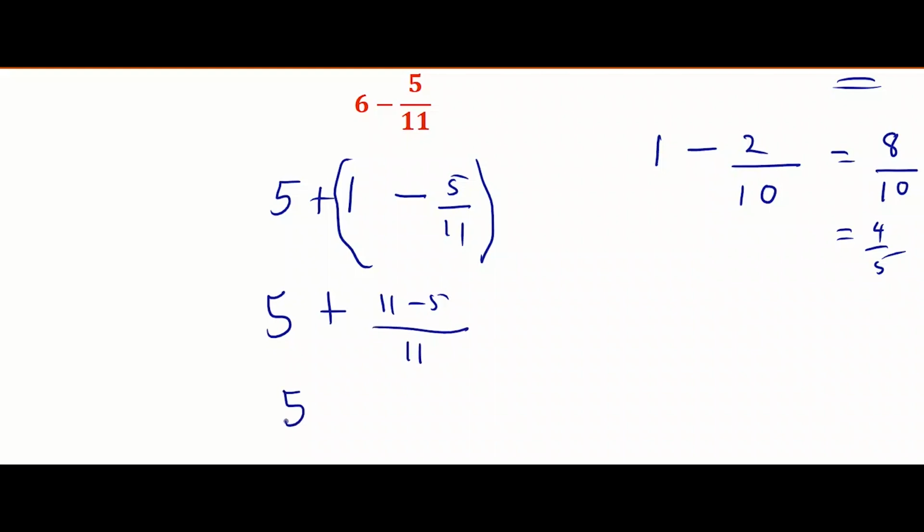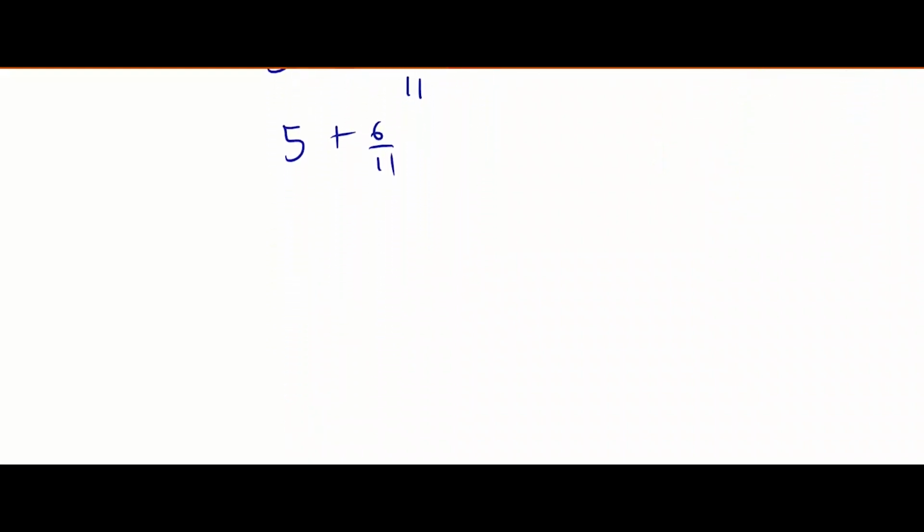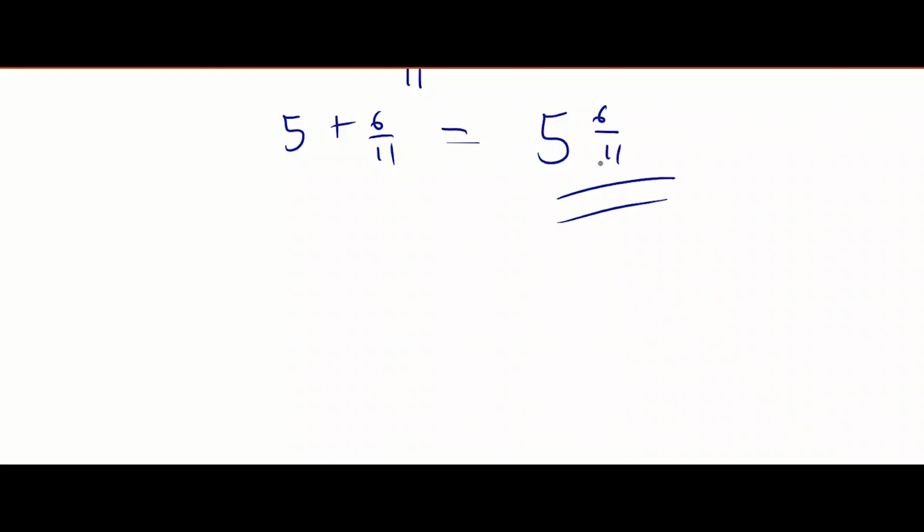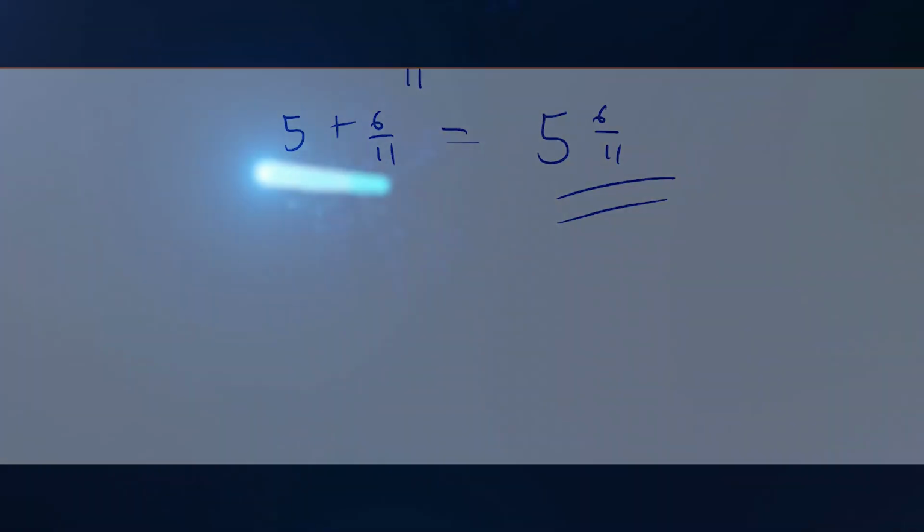So this will be 5 add 6 out of 11. Of course, in the previous video, I showed you that this is the same thing as 5 whole 6 out of 11. So this is the shortcut to that. So this will be the end of this video. In the next video, we'll look into multiplication of fractions.